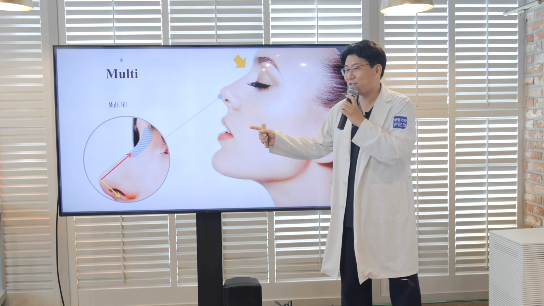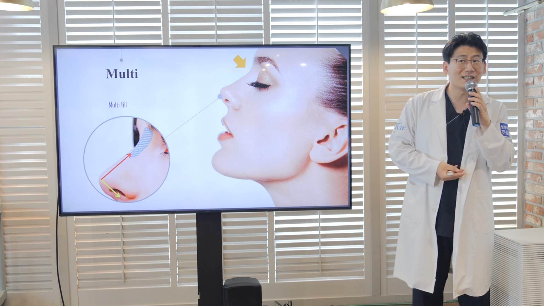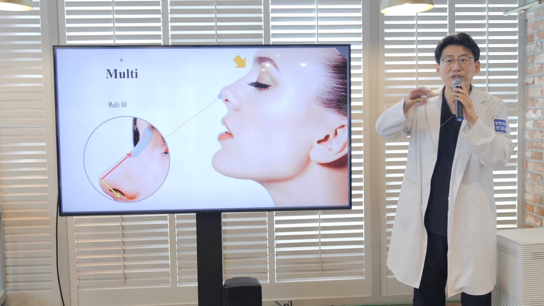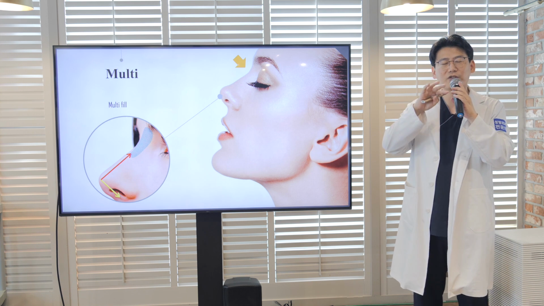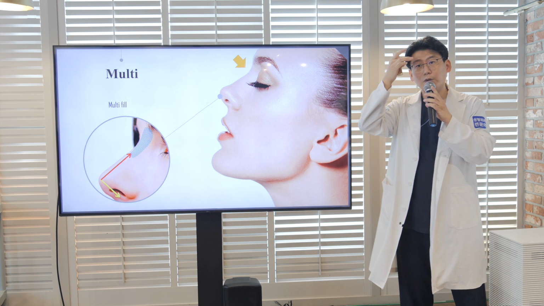Anyway, the multi-line thread is also used for restoration of volume over the hump. There's a depression around here.